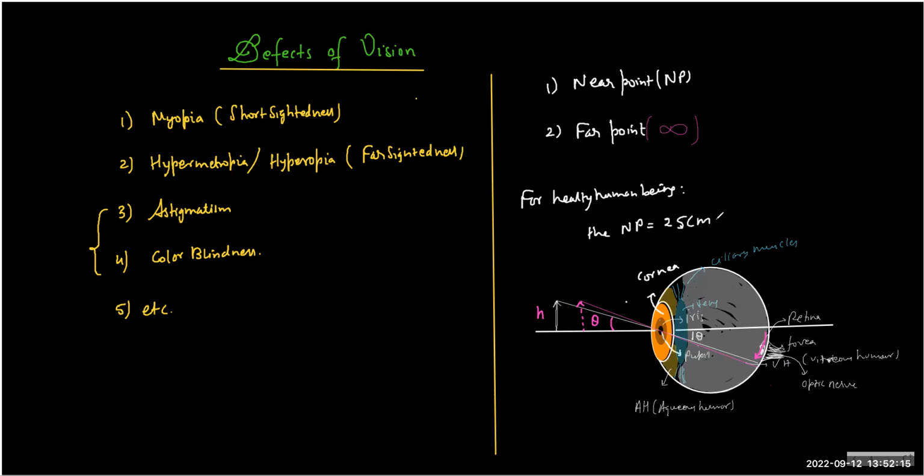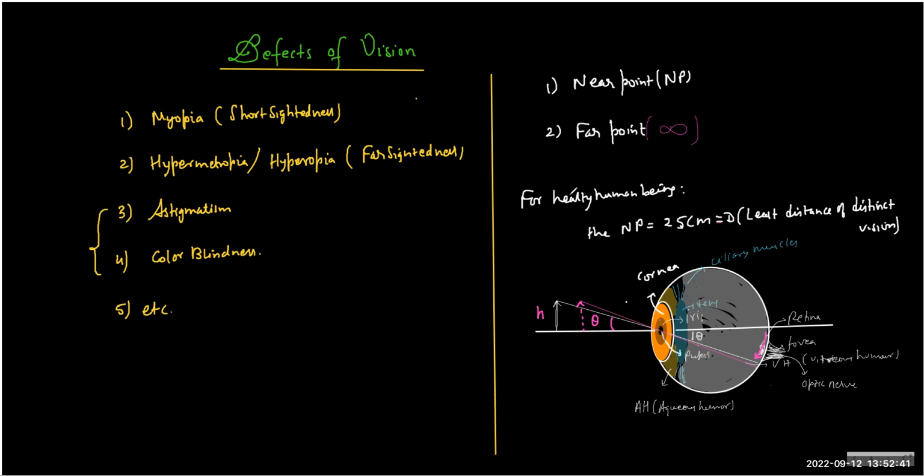In fact, this 25 centimeter will be represented by a symbol D, and the D is called the least distance of distinct vision, which means you can see it clearly, and it is magnified also.